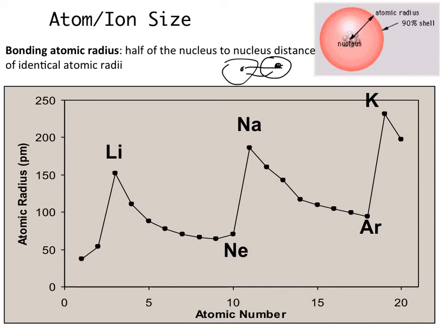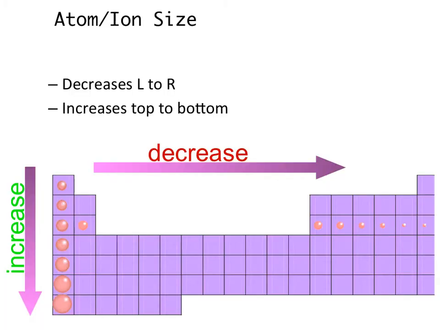So half of this distance here is going to give us our radius for each atom, and they have to be of the same atom type. And so when we're calculating that, we're using it from bonded molecules.